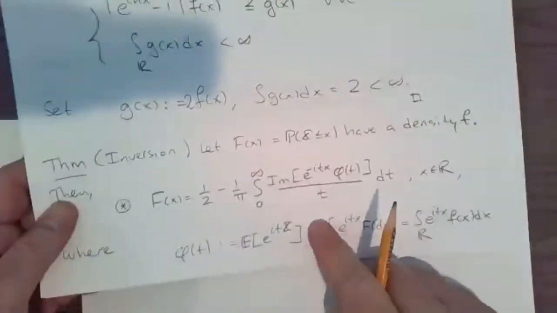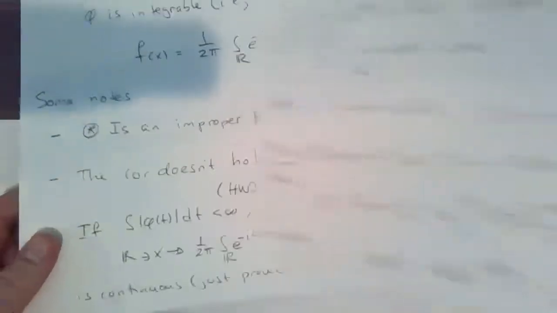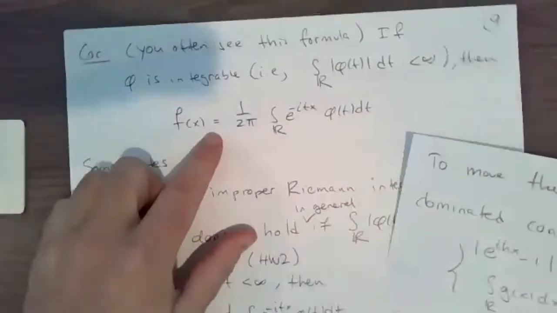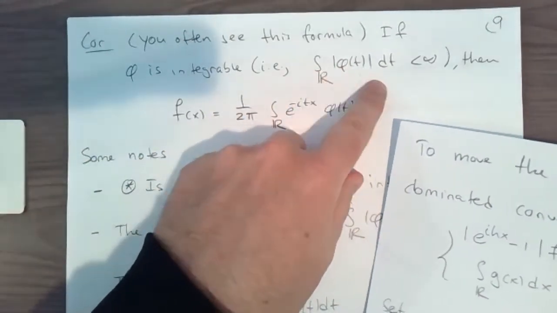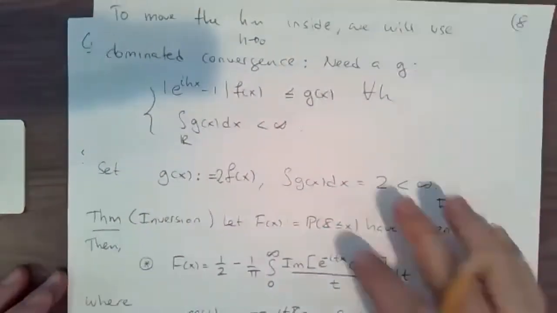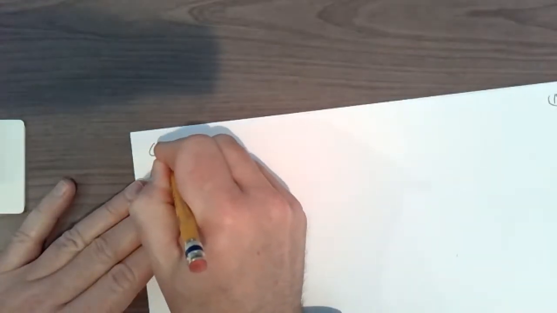So let me do the corollary. We are at page 17. We want to see how we go from this formula to this corollary, and in particular, where this assumption of integrability is needed in the corollary. So let me just restate the corollary.